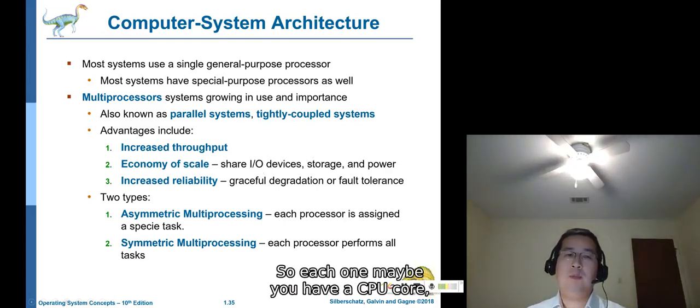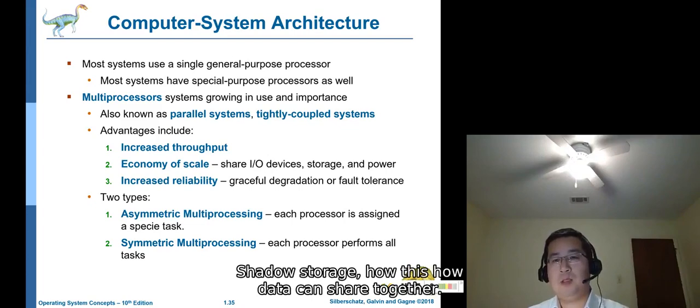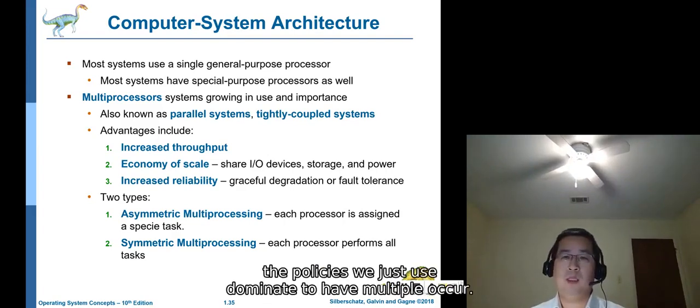So each one, maybe you have a CPU core, you have a CPU processor, but they can share the storage, the hard disk. Okay, we have a hard disk they can share together. So all the data are saved in the hard disk. And the power system, we don't need to have multiple. Okay?